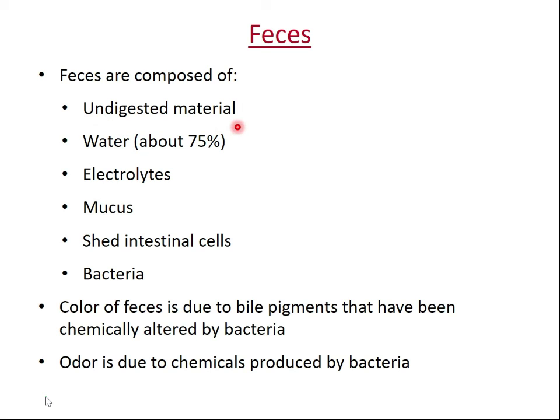So it contains undigested material, mostly water, electrolytes, mucus, any cells that were shed, that sloughed off, any bacteria, and also feces has a certain pigment, the color that it has, from the bile pigments. Any bile that was not absorbed by the body, we talked about how it was produced in the liver, stored in the gallbladder, and used for the digestion of the food, gives its pigmentation, the color. And the odor is due to the chemical products produced by the bacteria in the colon area.